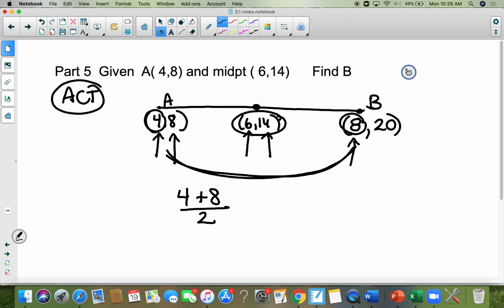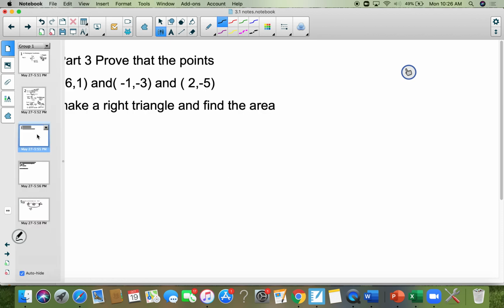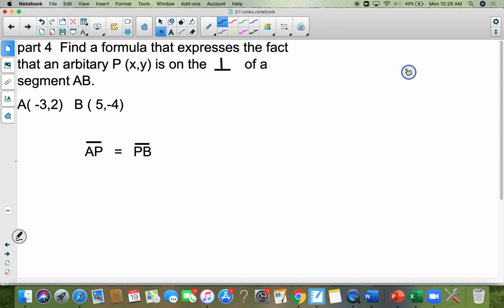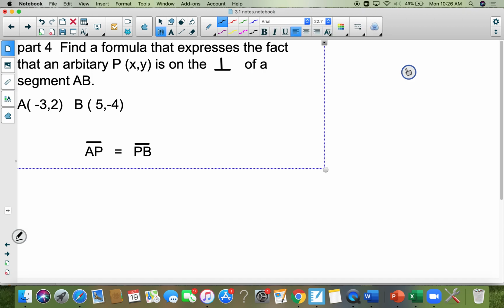Okay, the last problem. We are not going to have anything like part 3 for homework today. But the last problem is on the test, and you have to know how to do this. So you're supposed to find a formula that expresses the fact that an arbitrary point is on the perpendicular bisector of the segment AB.